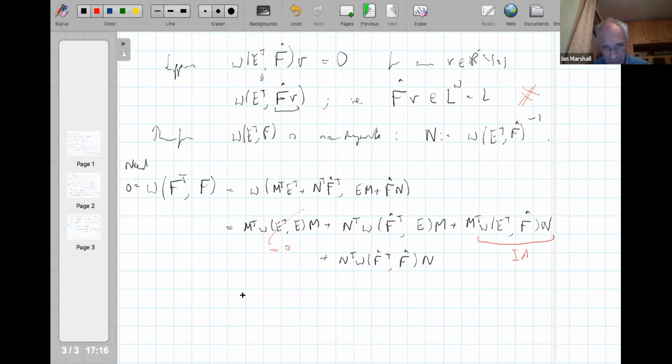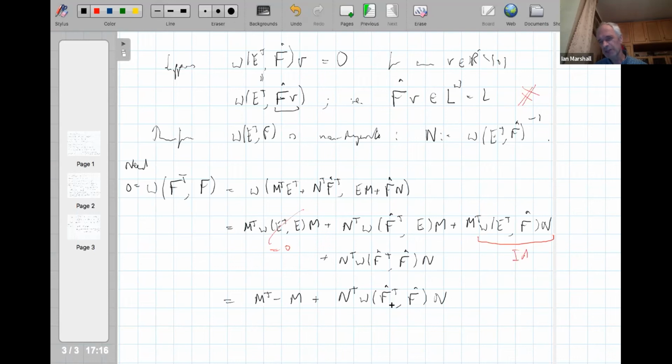So this is minus the identity, and I get equals M transpose minus M plus N transposed omega F transpose F N.